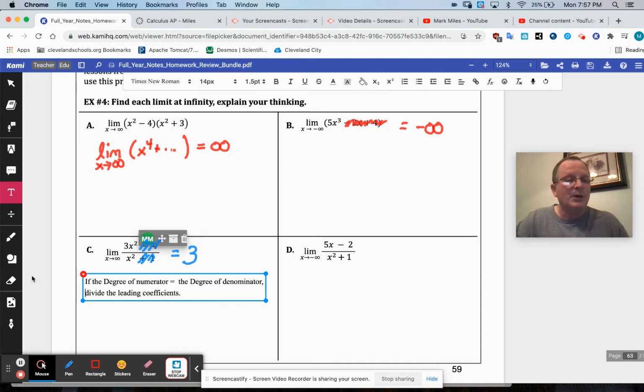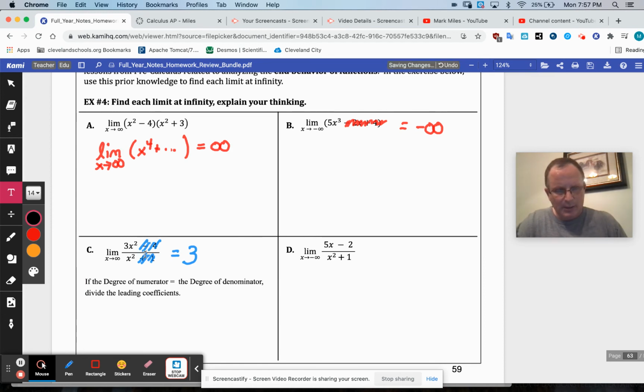That's the rule. But like I said, you can kind of ignore everything but those highest powers as you go. Now on the next one, if I do that again, as this gets larger and larger and larger, this is the most dominating thing in the entire quotient.